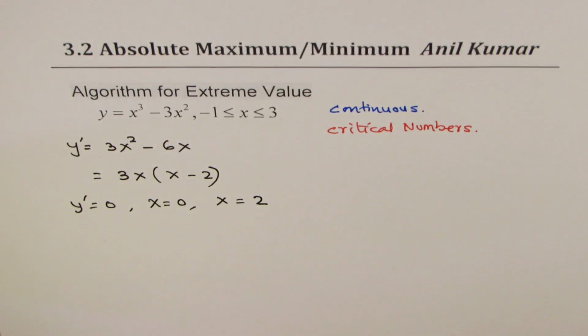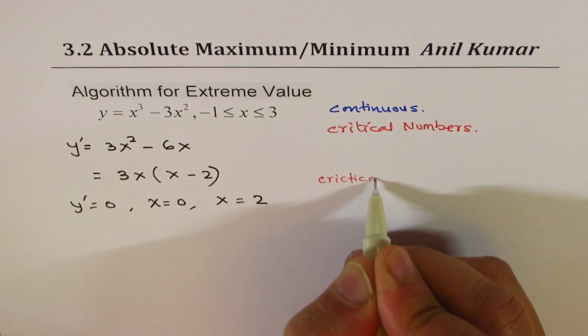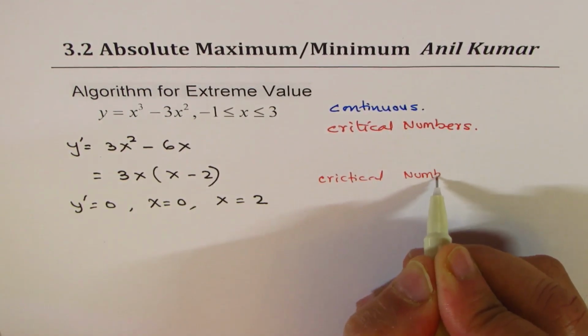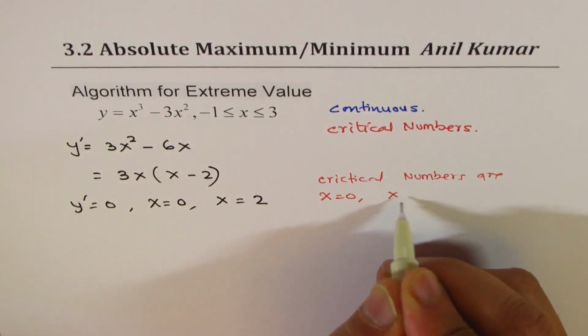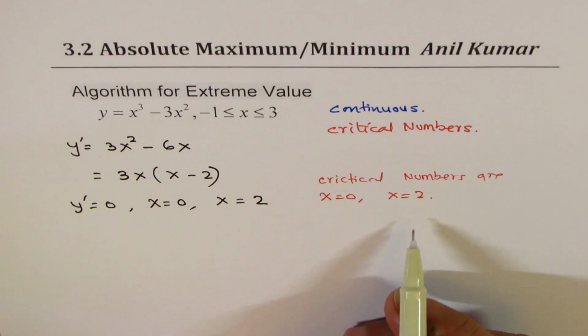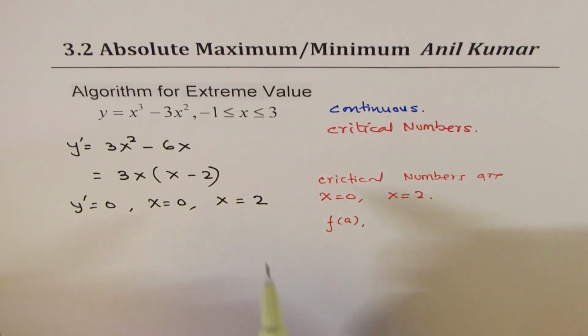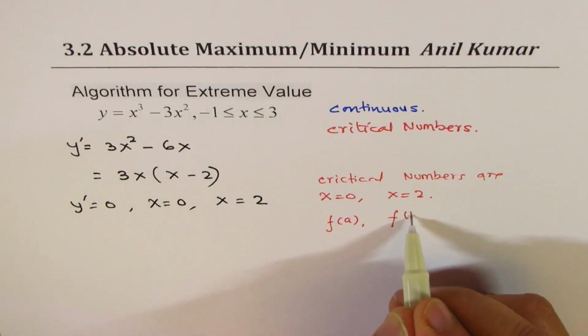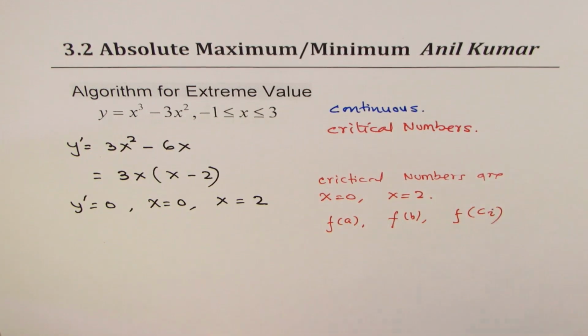So we got two critical numbers: x equals 0 and x equals 2. The third step is we need to find the value of the function at a, the lower limit, at b, the upper limit, and at all the critical numbers, the ci's, right? There could be more than one. So let's find these values.